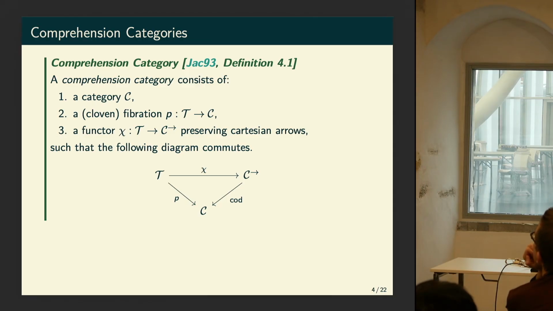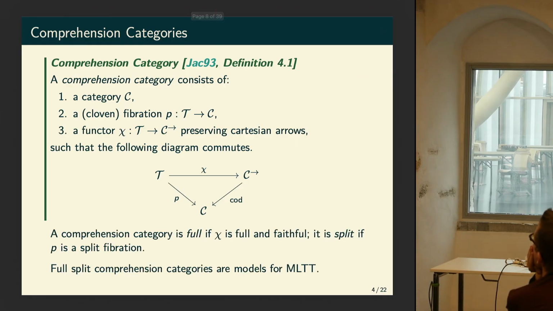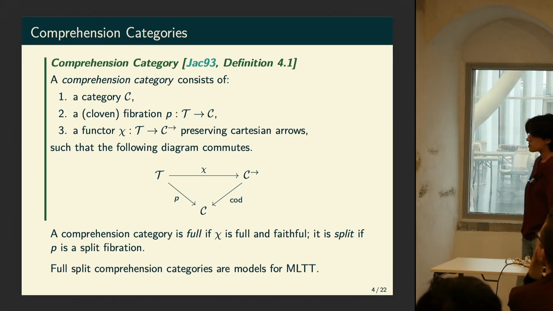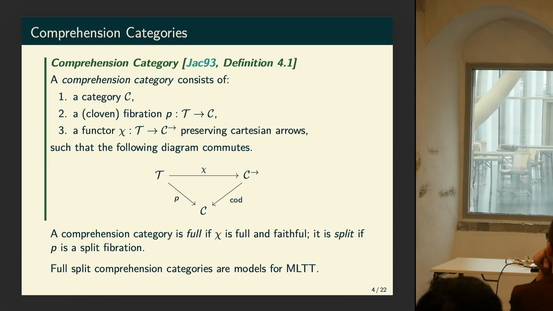Something which is important, and I would like to point out, is that we call a comprehension category full if this functor chi is fully faithful, and we say it is split if the fibration P is split. Comprehension categories which are both full and split are models for Martin-Löf type theory.